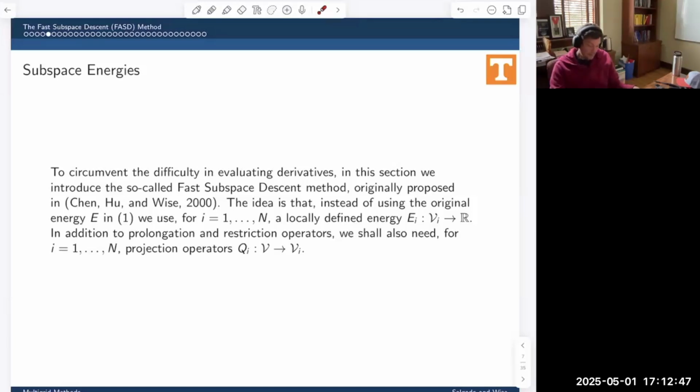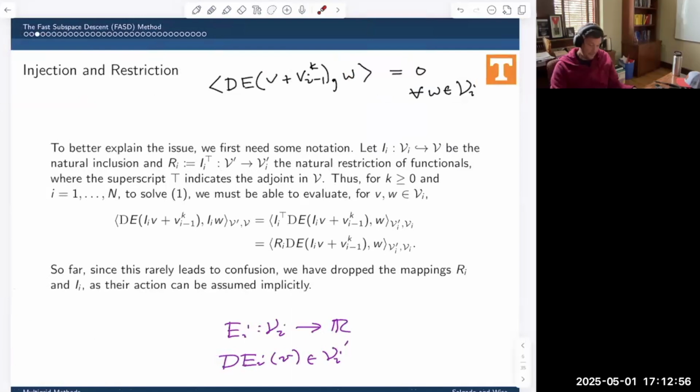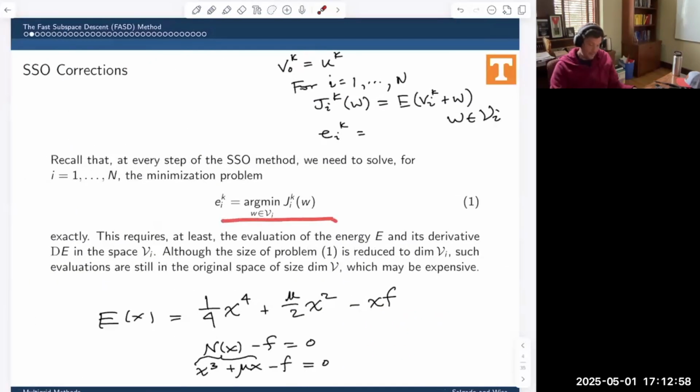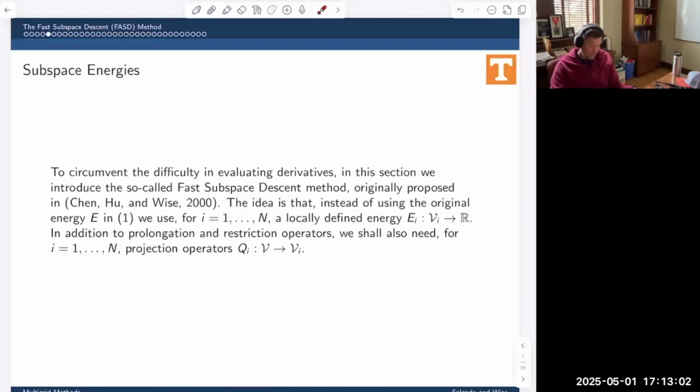Okay, so what we need to do is, instead of using the original energy in this calculation, instead of using the original energy there, we're going to define a local energy on every subspace. And this is like having the coarse grid operator, actually.